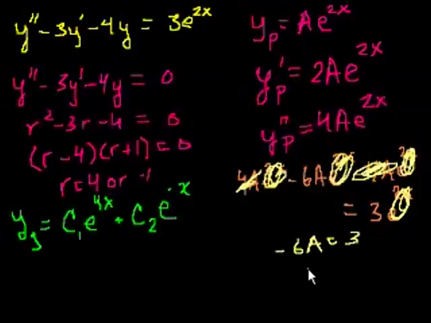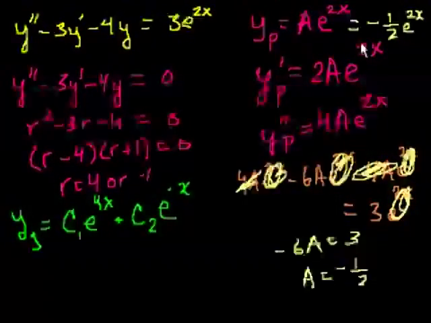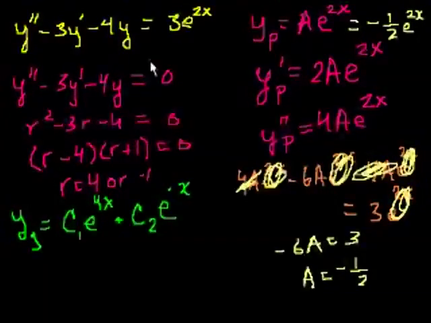Divide both sides by 6. You get a is equal to minus 1/2. So there, we have our particular solution. It is equal to minus 1/2 e to the 2x. And now, like I just showed you before I cleared the screen, the general solution of this non-homogeneous equation is going to be our particular solution plus the general solution to the homogeneous equation.